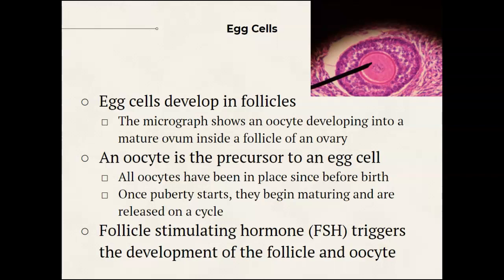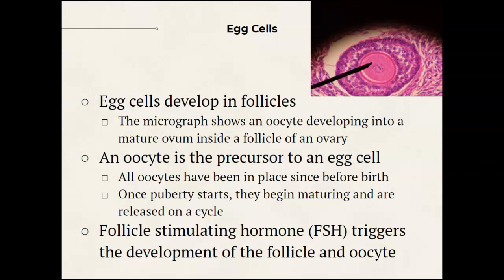When you run out of oocytes, that's when you go through menopause, right? There is an end date. If you've ever heard women saying, oh no, my biological clock is ticking, this is what they're referring to. You only have a certain amount of eggs, so you can only get pregnant for a certain number of years in your life before you run out of eggs and go through menopause.